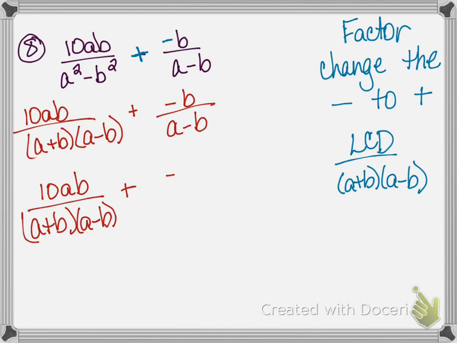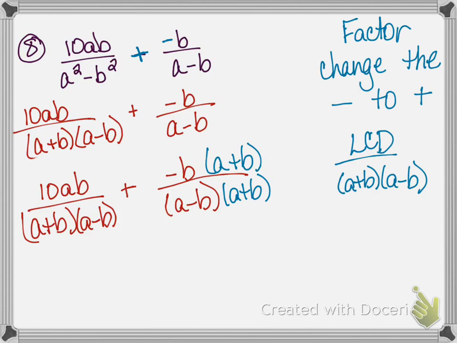Okay? Now, for my second one, what am I missing in the denominator? I heard it. A plus b. Good. A plus b. And if I multiply the denominator times a plus b, what do I have to do for the top? A plus b. Good. Okay.